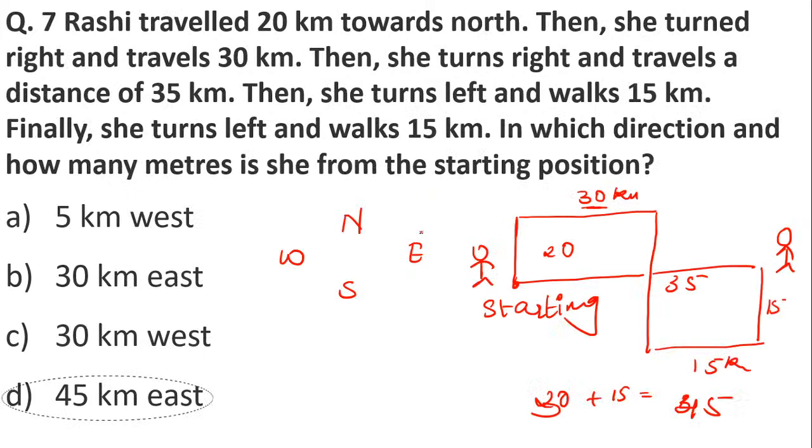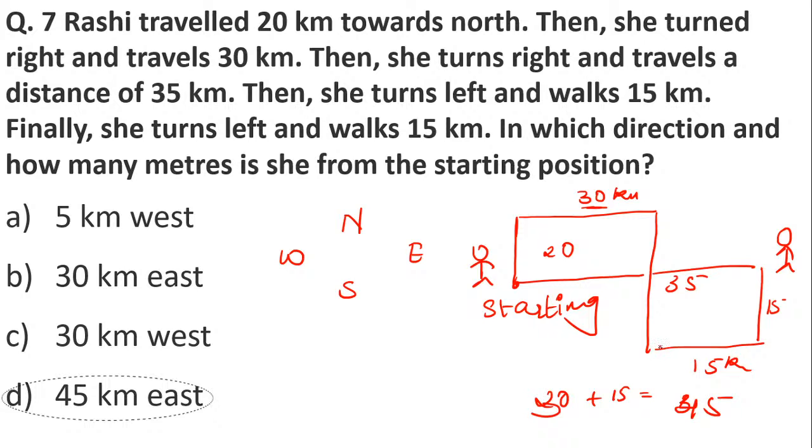See, in the seventh question, Rashi traveled 20 kilometers towards north. So first she was here, then she walked 20 kilometers to the north. She turned right and walked 30 kilometers. Then again she takes a right turn and travels 35 kilometers.